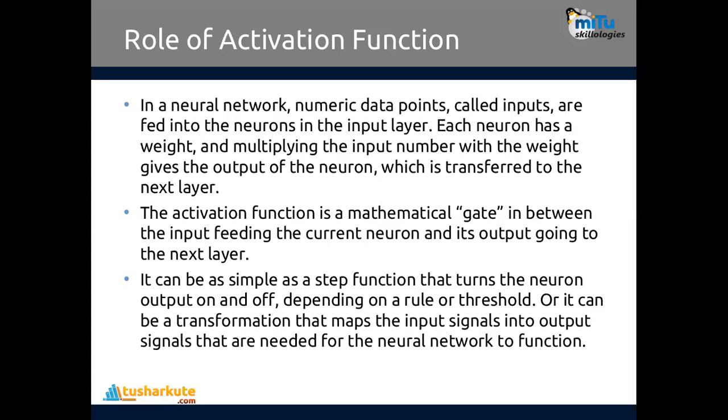It is a mathematical gate. It can be as simple as a step function that turns the neuron on or off, 0 or 1, whether to proceed or not to proceed, depending upon a rule or a threshold value. Or it can be a transformation that maps the input signal into output signals needed for the neural network's function to perform its operations.